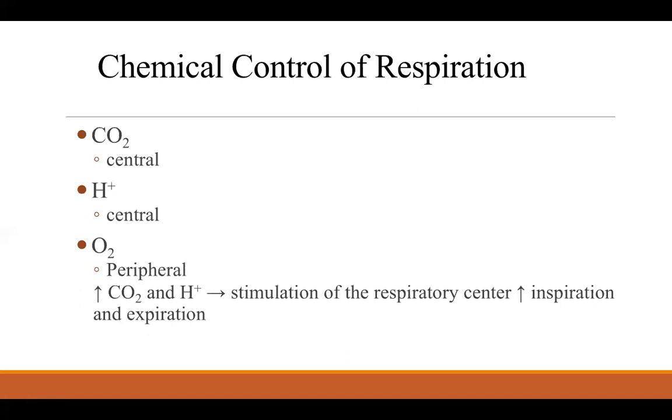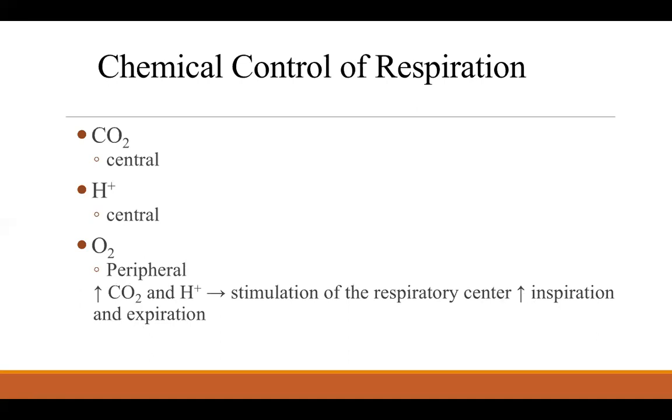So anytime there is hypoventilation that leads to hypoxia and then hypercapnia, what would happen? You have the activation of peripheral or central chemoreceptors. All right, so here is an example. High levels of CO2 and high levels of hydrogen ion would trigger the respiratory center, and that in turn would trigger inspiration.